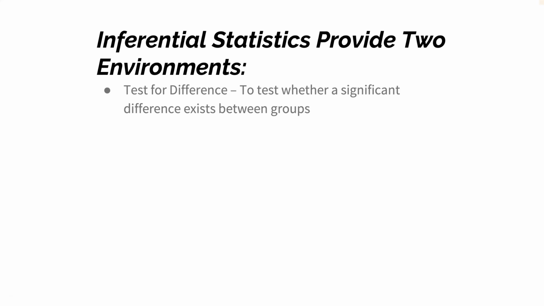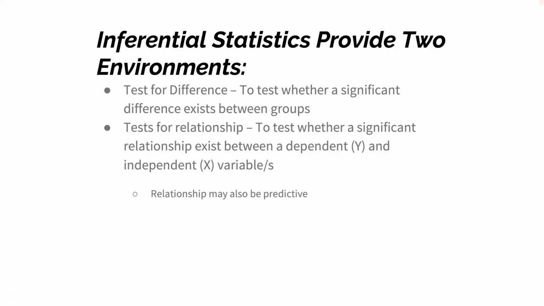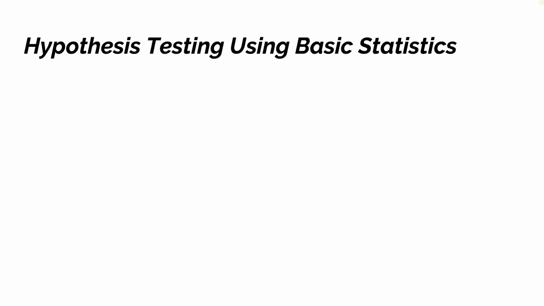So is there a significant, or statistically significant, difference between groups? And is there a relationship between two variables? These get used a lot because when you're testing for relationships, you're usually trying to find, does this predict that? Might this be a cause of something? Or might it tell us what to look for?